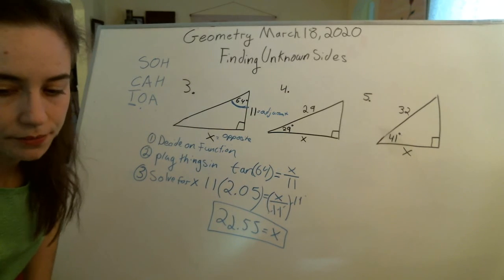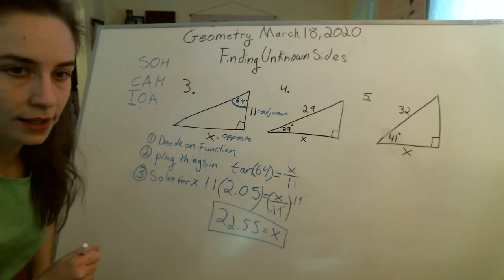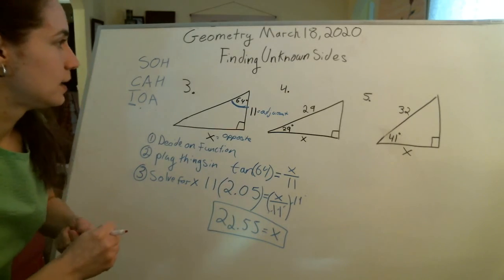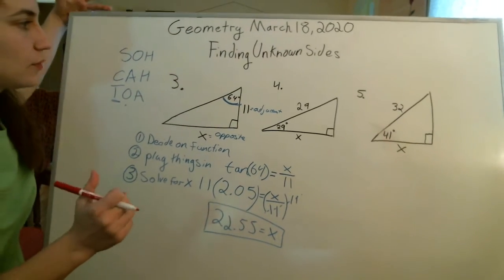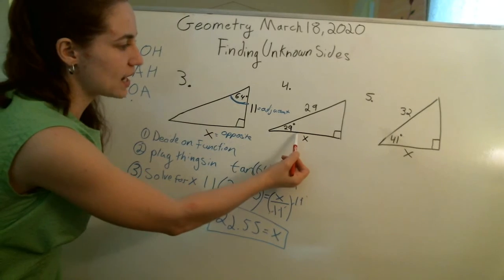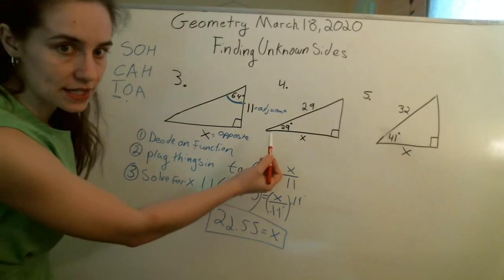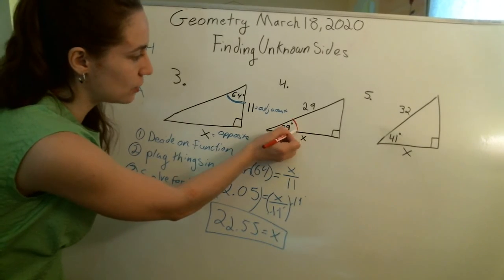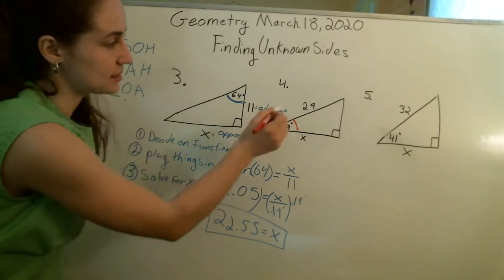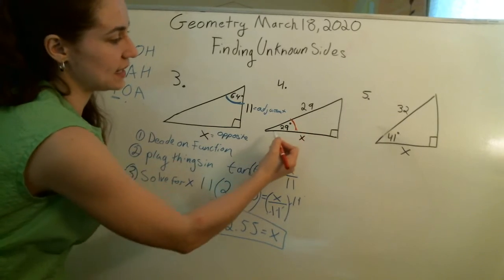Let's try the second problem in red. Again, we're looking at a function. This one gives me 29 degrees and a length of 29. Make sure that the 29 degrees on the inside is your angle, not the same thing as the 29 on the outside. That's a side length.